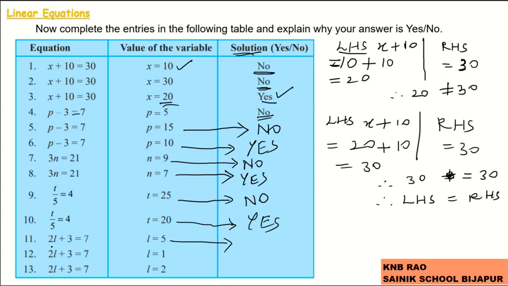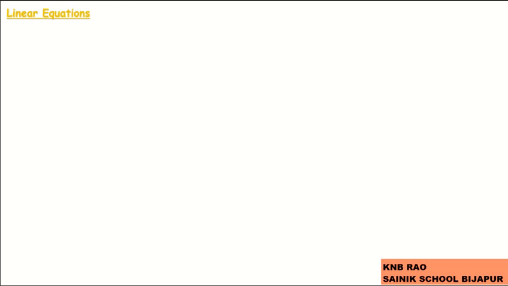In the case of 2l plus 3 equals 7, the L value is given as 5, 5 2s are 10 plus 3 is 13, which cannot be 7, so no. When L equals 1, 2 1s are 2, 2 plus 3 is 5, 5 cannot equal 7, so no. When L equals 2, 2 2s are 4, 4 plus 3 is 7, 7 equals 7, therefore it is yes. We fill like this. Then further we will do some more work.